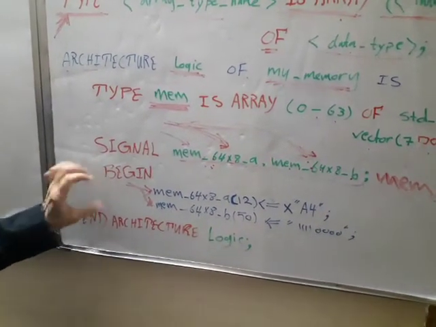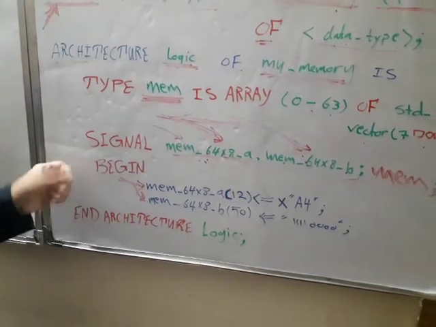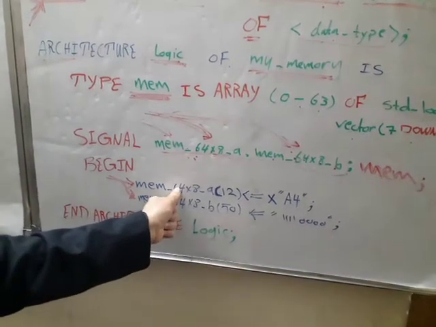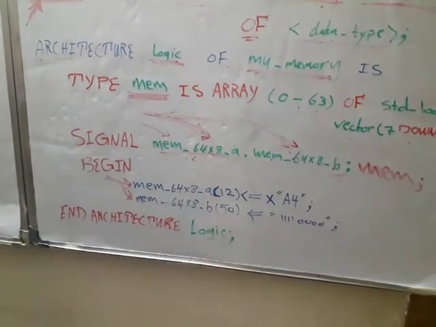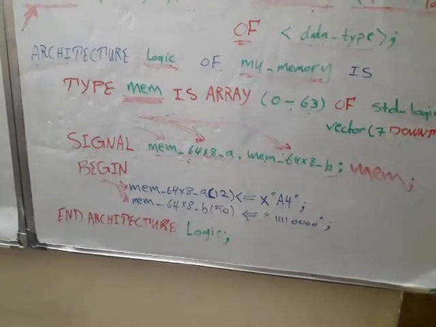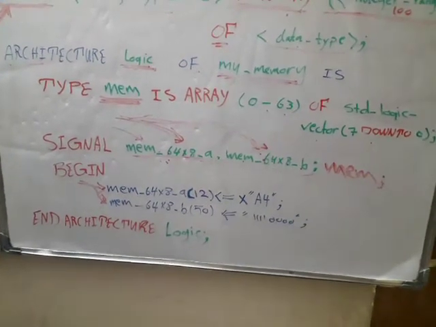At this statement, the architecture body starts at begin. Mem64_8A must have different values, 64 values, but now we cannot take all these 64 values.